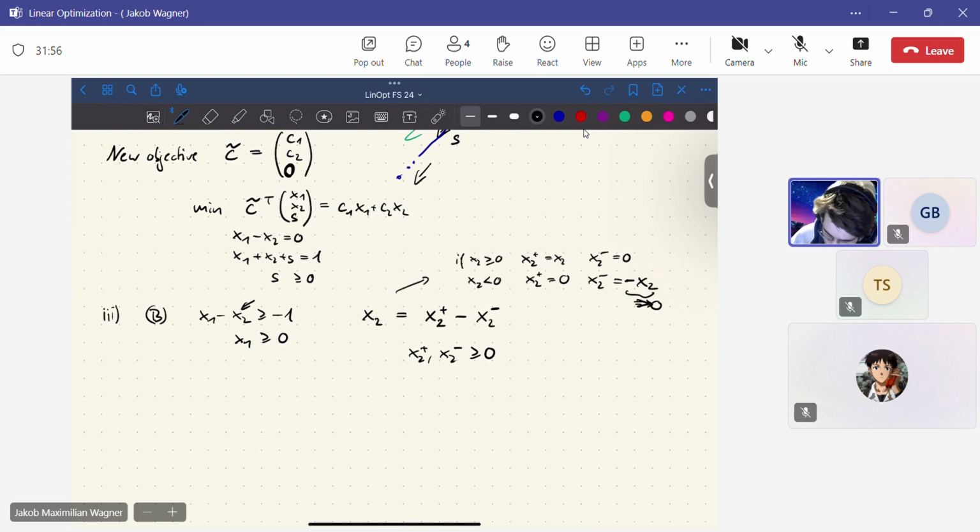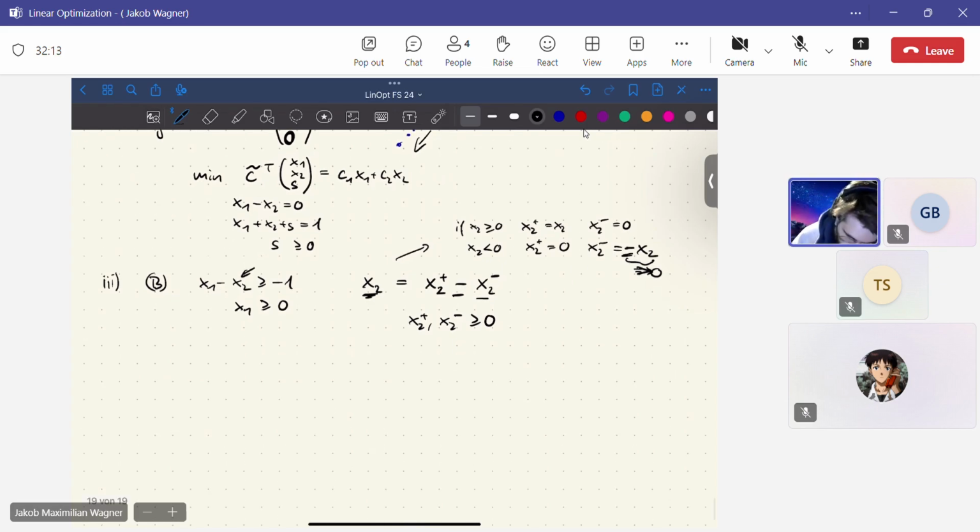And if we plug this in here, we have minus of minus x2, which is just x2 again. So we see that we can always split this variable into a difference of two non-negative variables.